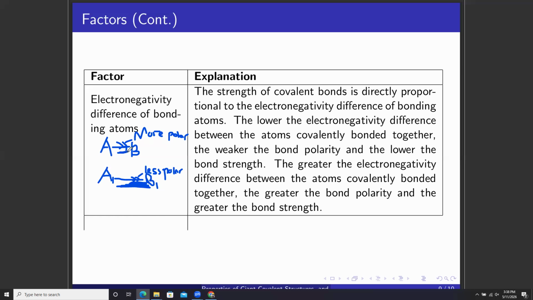Therefore, this bond here up will be very strong due to increased electron density towards B. So to separate A and B requires much heat due to increased strength. However, this one down requires less heat to separate it because of what? Weaker strength. The words are there for you to copy down in your books.